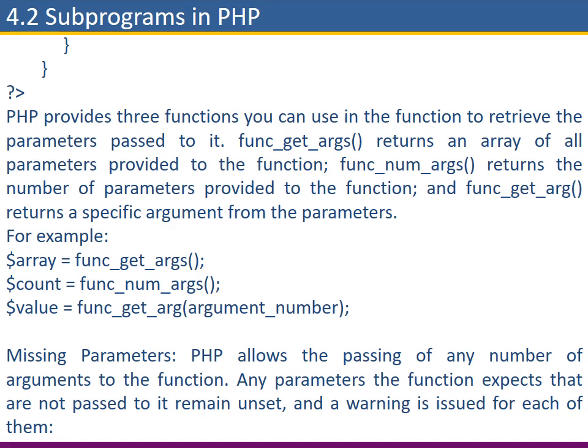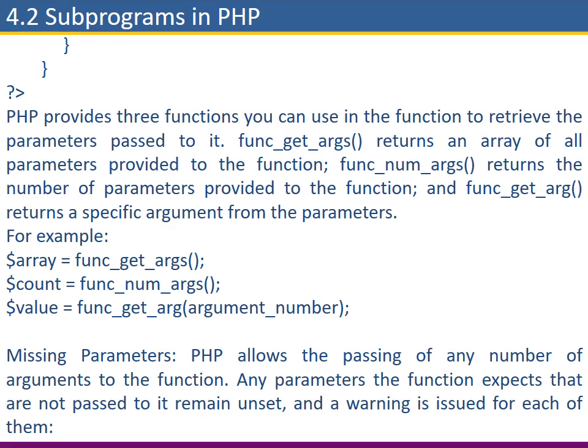Another is the func_num_args function, which returns the number of parameters provided to the function. The third function PHP provides is the func_get_arg function. It returns a specific argument from the parameters.